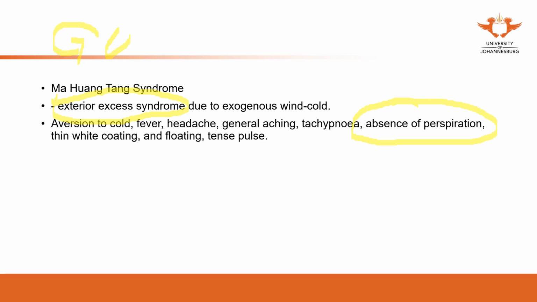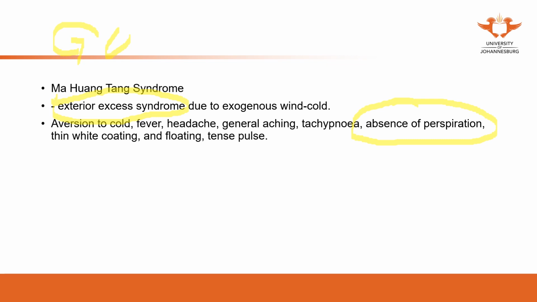We actually focus on the pathogenesis of this syndrome, the pathogenesis of the symptom. So when I say absence of perspiration and we can use mahwangtang for it, I'm actually referring to the absence of perspiration due to wind cold attack.